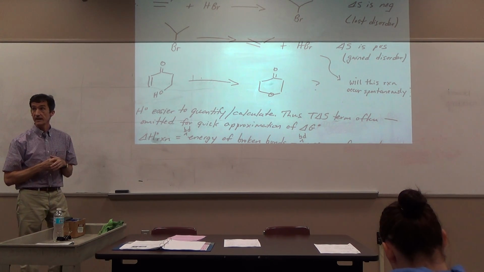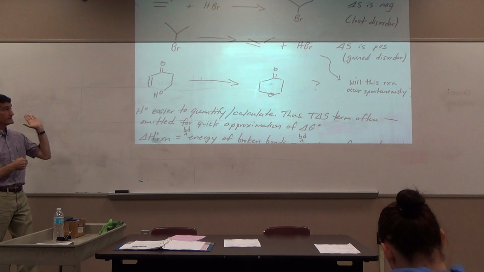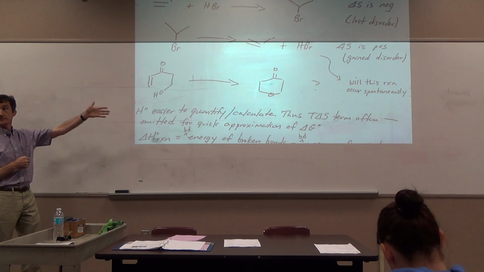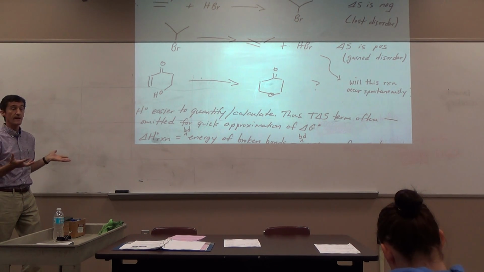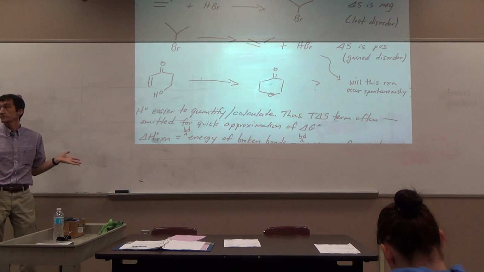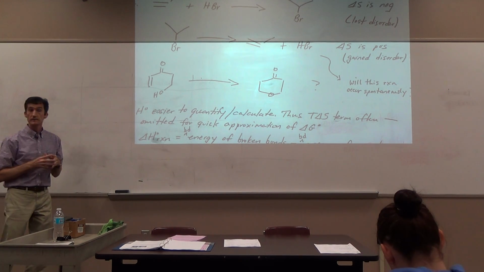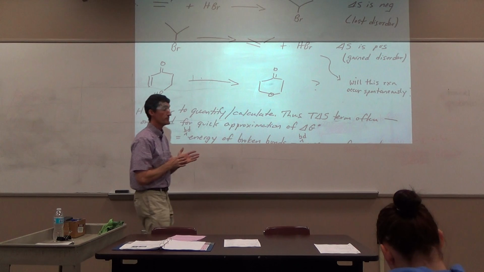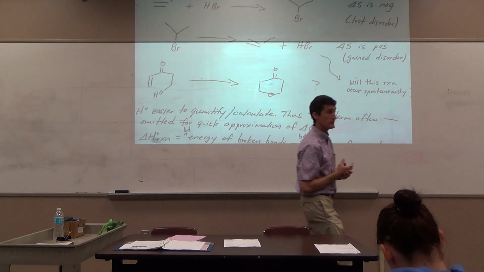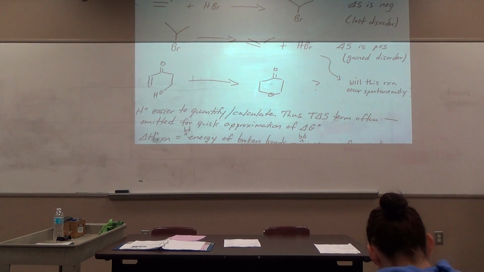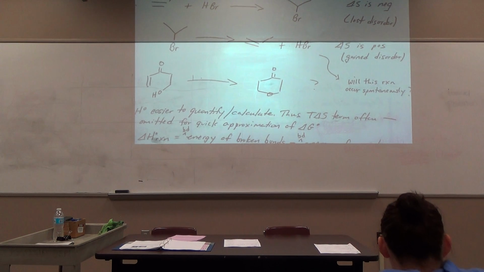No, you don't want to magnify the bad term. We said entropy is bad. It's not favored by entropy. Why would you want to heat it and make entropy an even bigger term in your delta G? Temperature magnifies entropy. No, you don't want to heat this. That make sense? Yeah.